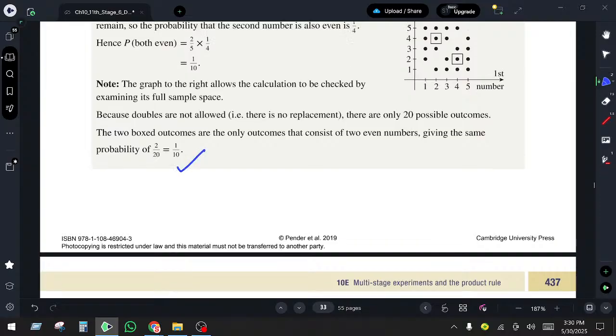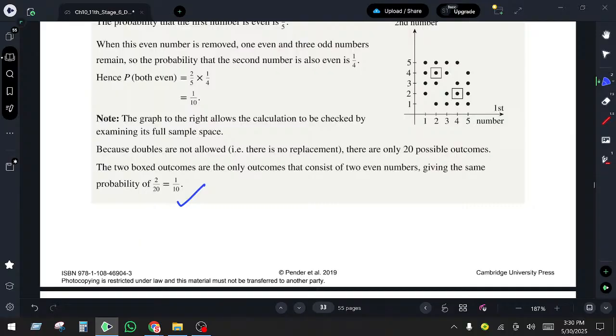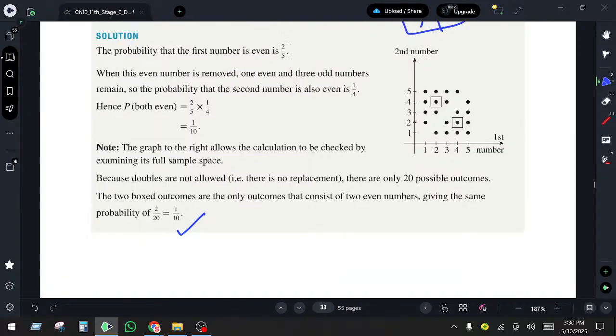See, the graph is right; it allows the calculation to be checked by examination of the full sample space.